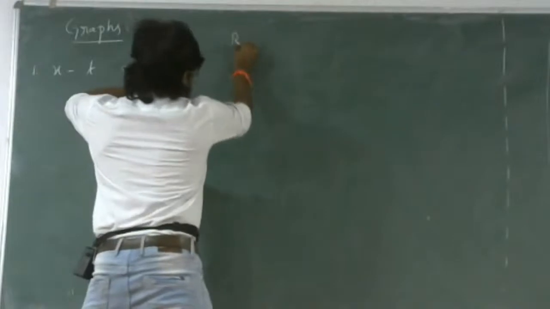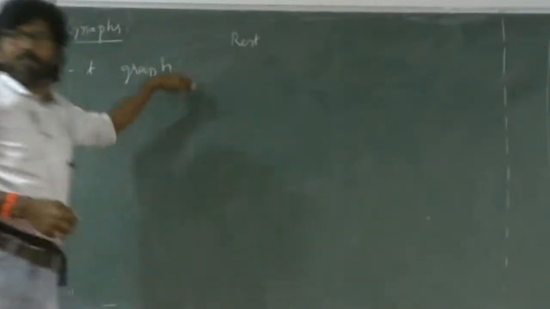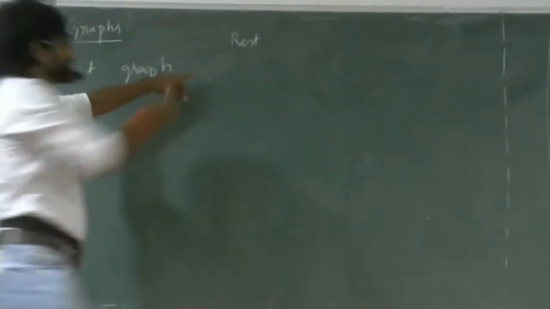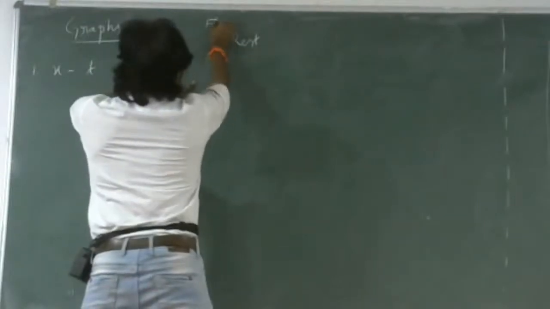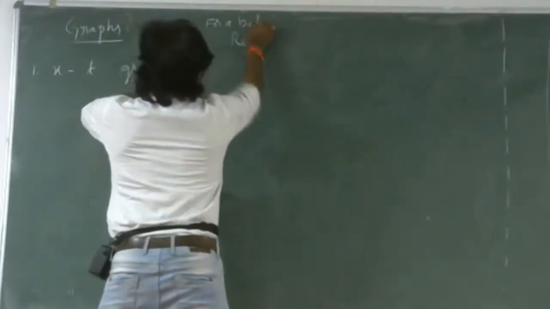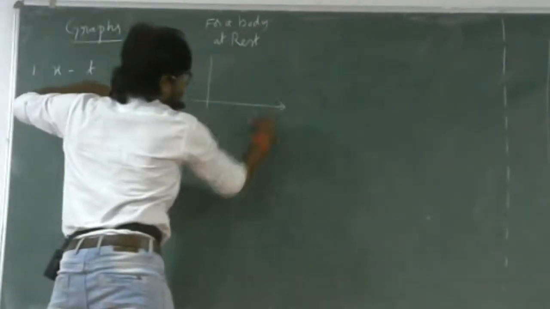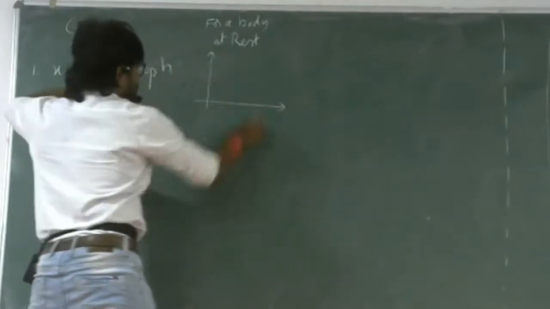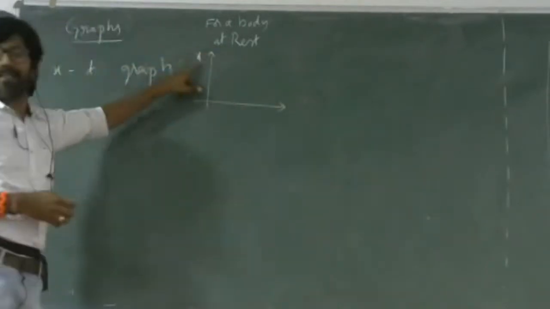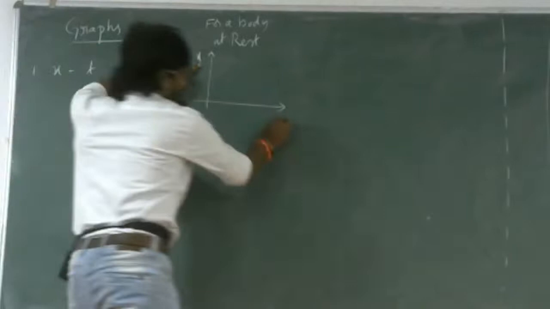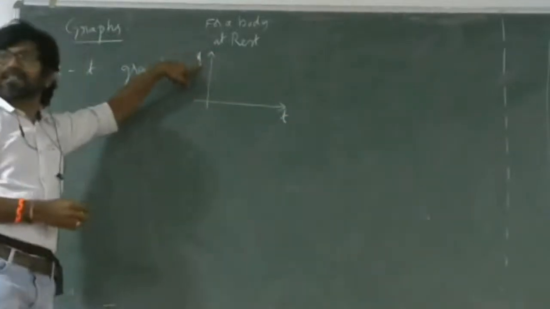The first case was for a body at rest. It can be drawn by taking position x on the y-axis and time t on the x-axis.